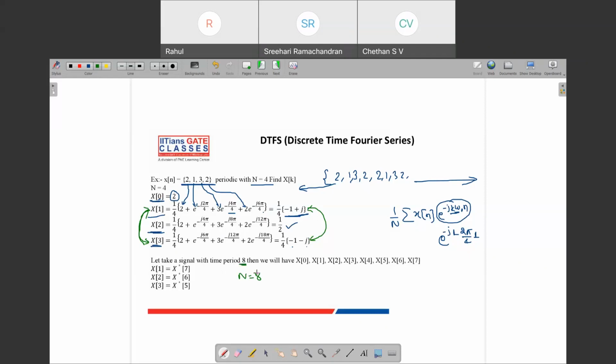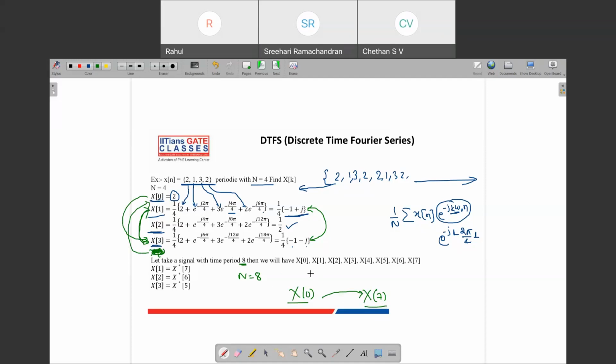Since this time the period is 8, we will be calculating the signal from x of 0 to x of 7. In the earlier case the period is 4, so we calculated only x of 0 to x of 3, and then x of 4 will be the same as x of 0 because it is periodic, so we generally don't calculate those things. So x of 0 to x of 7 we need to calculate.